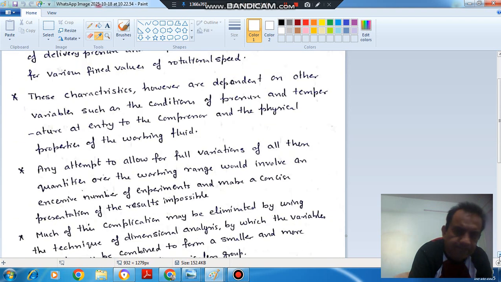Next point, any attempt to allow for full variation of all these quantities over the working range would involve an excessive number of experiments and make a concise presentation of results impossible. So taking all the variations of intake pressure, intake temperature and different speed will require an excessive number of experiments.